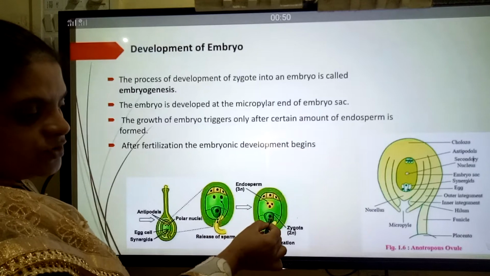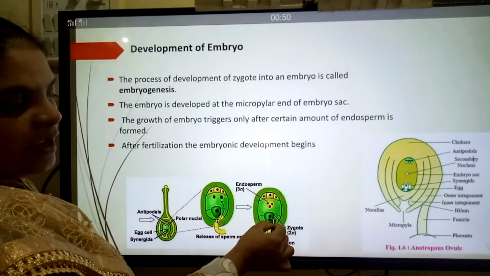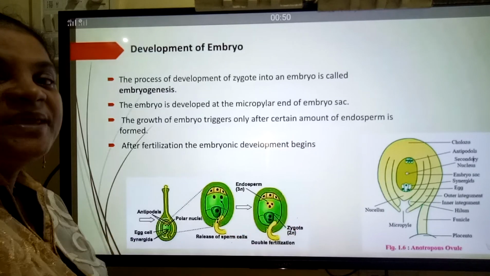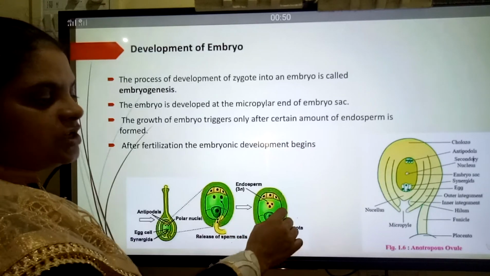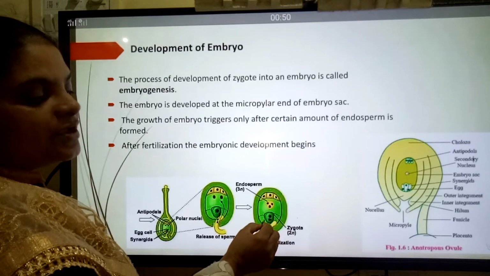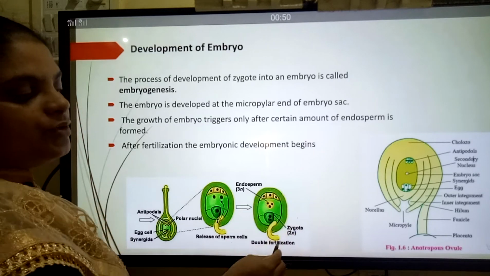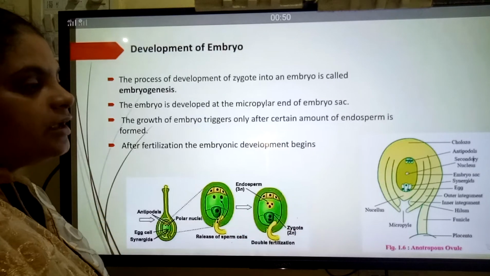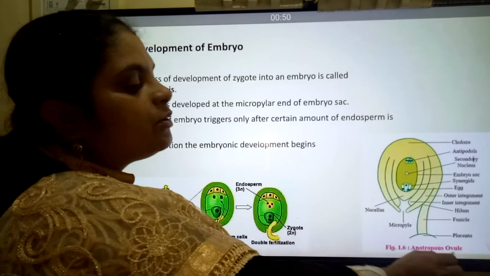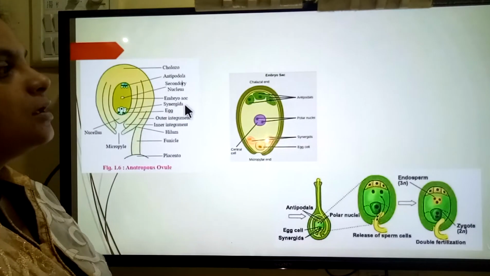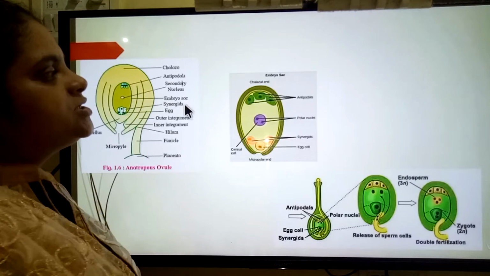One male gamete fuses with the egg cell and the other male gamete fuses with the endosperm and forms the PEN, primary endosperm nucleus. Here it forms the zygote. So this zygote converts into the embryo. This cell converts into the embryo. This is the diagram of anatropous ovule that we already studied.